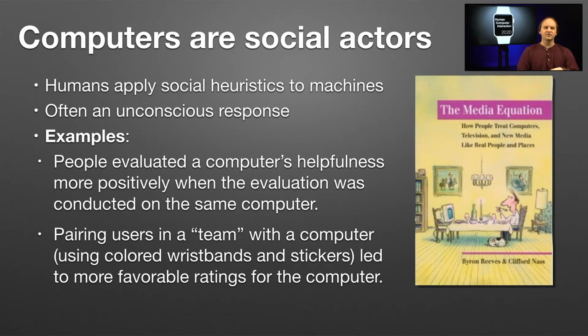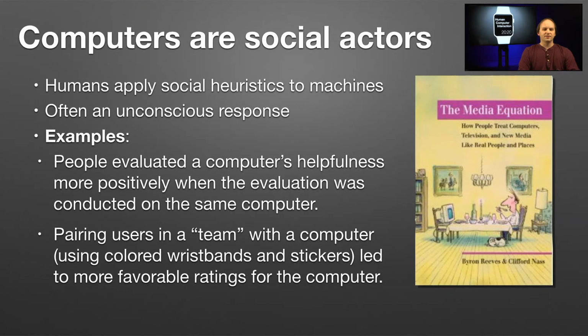It's kind of an unconscious thing. We tend to use our social heuristics and our social actions by default, so we quickly adopt it with technology. We do it mostly unconsciously. It's not that we aren't aware that the computer is not a living social thing. It's that it's easier for us to think of it as one and use it in that manner.